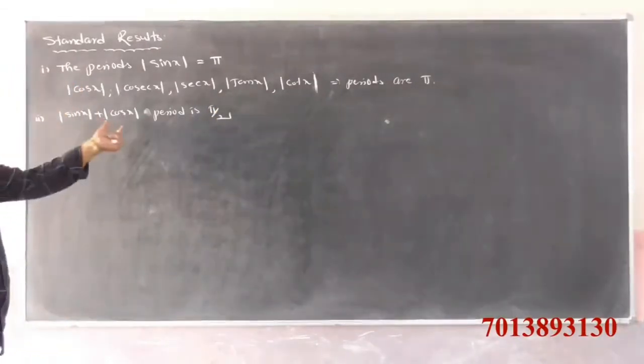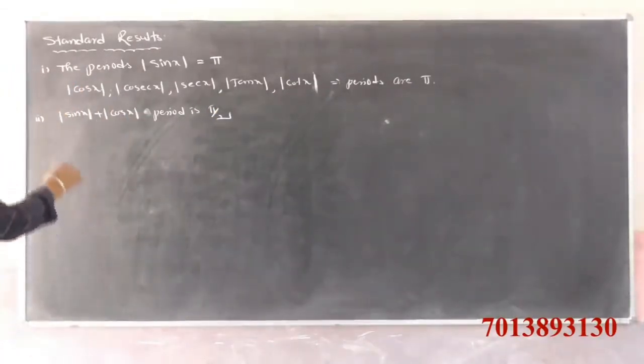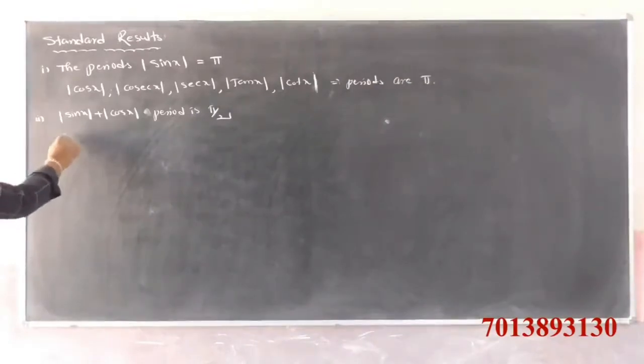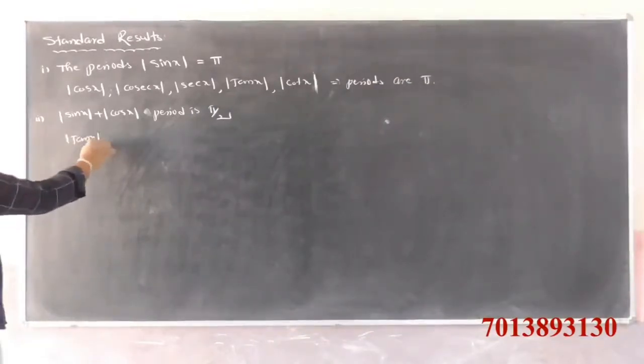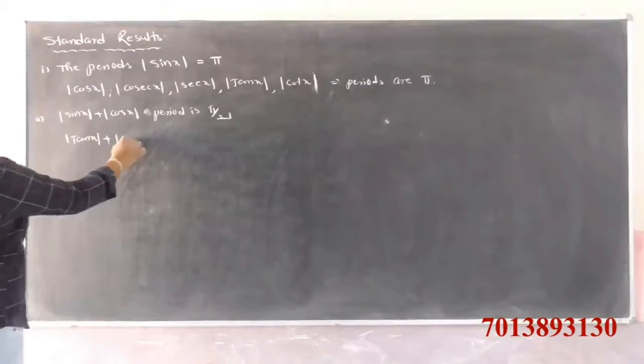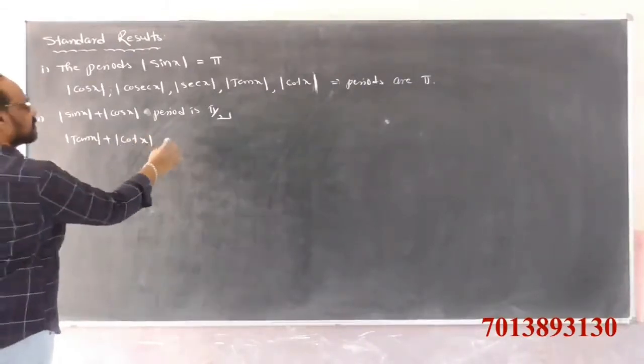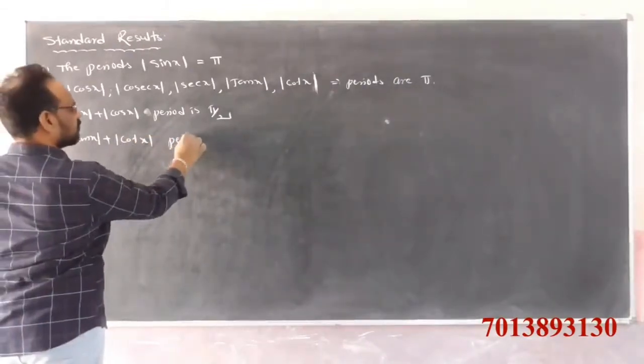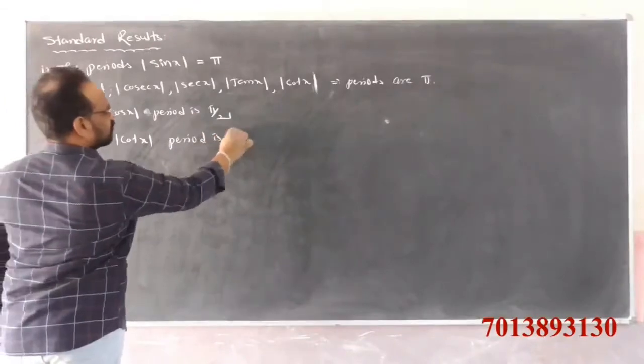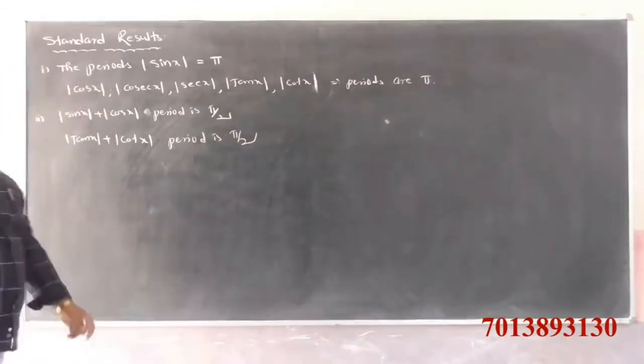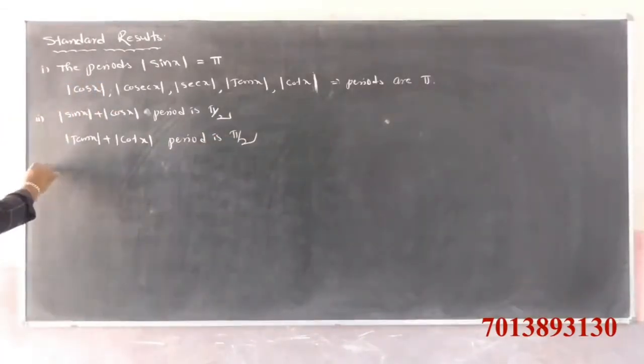Modulus of sin x plus modulus of cos x period is how much? Pi by 2. In that only, modulus of tan x plus modulus of cot x period is also pi by 2. Period how much? Pi by 2.